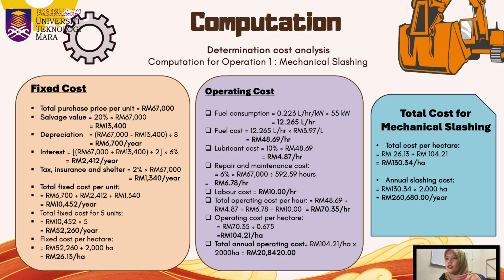Combining both fixed and operating costs, the total operational cost for mechanical slashing is RM130.34 per hectare, bringing our total annual fleet expenditure for slashing to RM2,680.